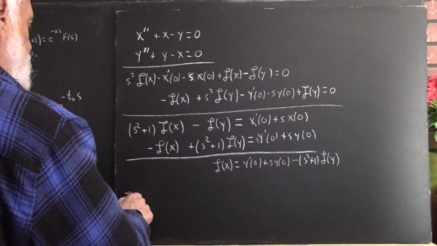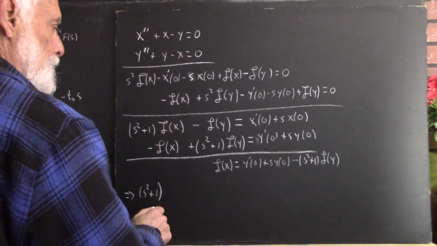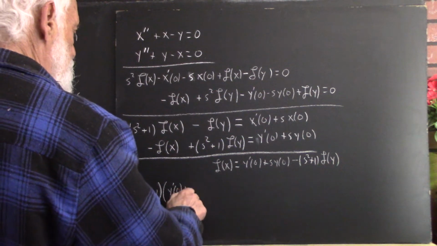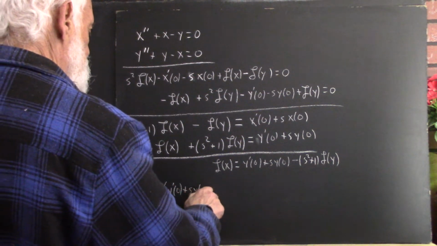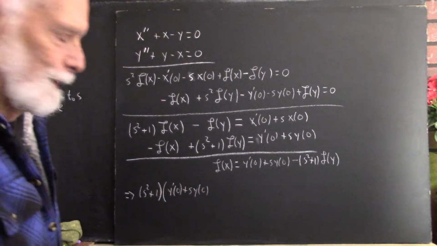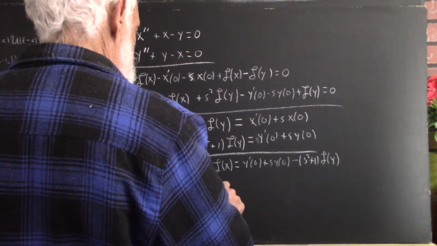The first equation gives us s squared plus 1 L of x, but now that's s squared plus 1 times y prime of 0 plus s y of 0. And we want to keep our eye on the s's because that's really what's going to dictate pretty much everything.